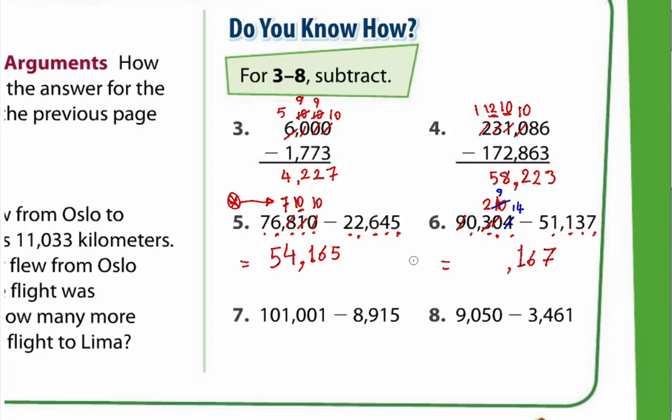The 9 will be 8. Good. And the 0 will be 10. Now 10 minus 1, 9. And 8 minus 5, 3. Thank you, Abdullah. Great work.